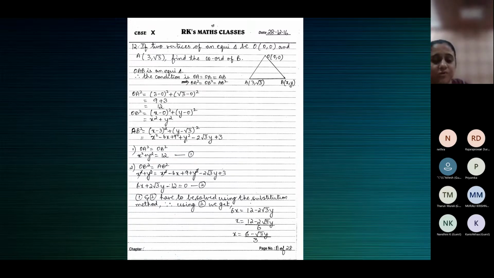What's the corresponding value of y when x is (6 minus root 3 y) by 3? Oh, okay, we have not still substituted. Okay, who's completed this? Who's found the values of x and y? I'm not showing you the next slide. You have to complete this and tell me the values of x and y.